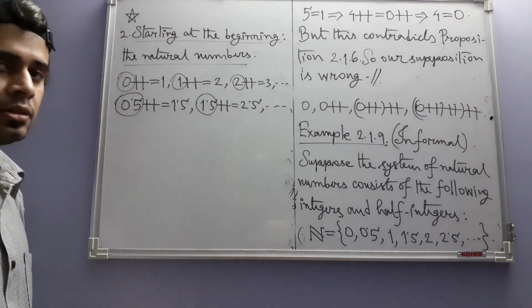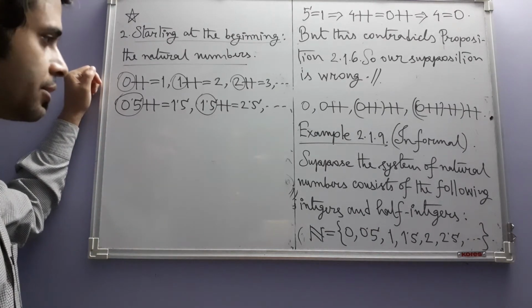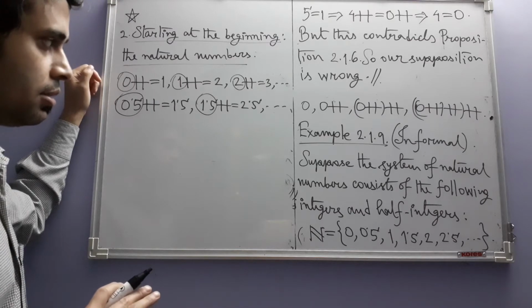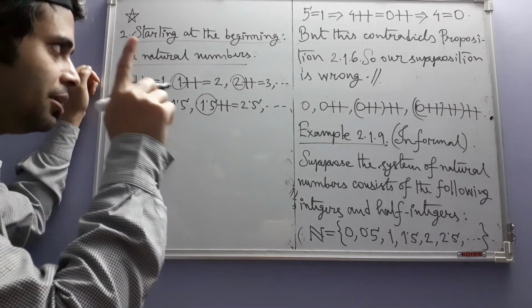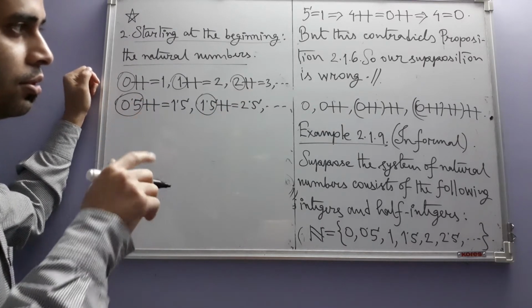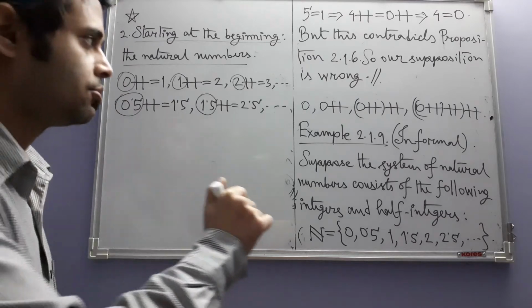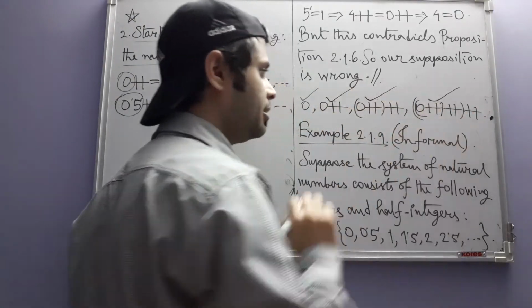So again there is a problem. And this problem is somewhat strange and is a little bit different from the previous problems. In the previous problems, we were somehow trying to make these symbols distinct.